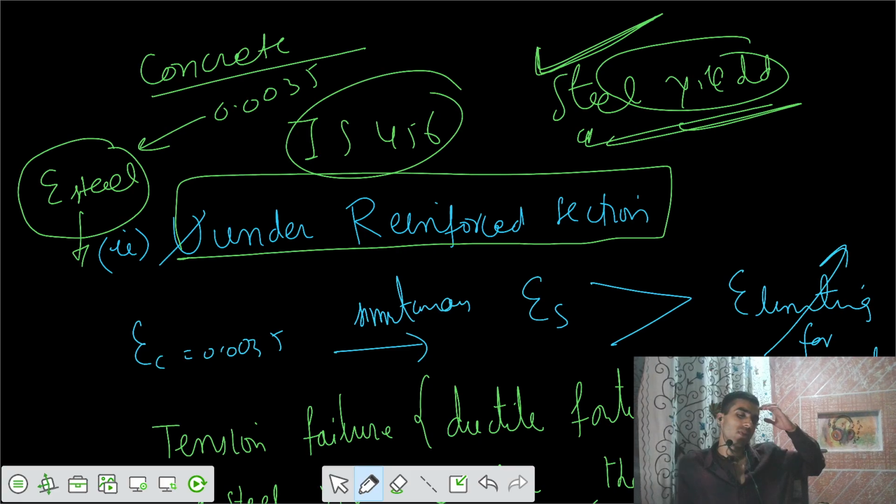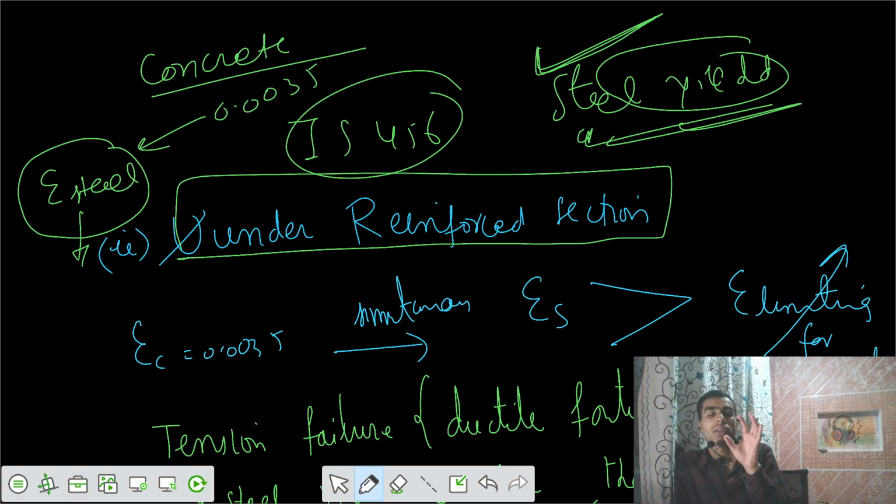So this case of under reinforced section is better if you want to utilize the steel fully, in an effective way. We want the steel to go under yielding earlier, before the strain in concrete reaches 0.0035, which means the concrete is going to crack.